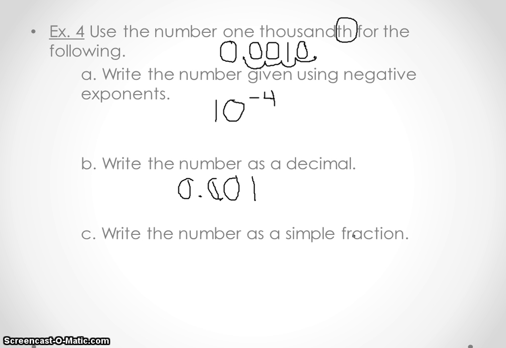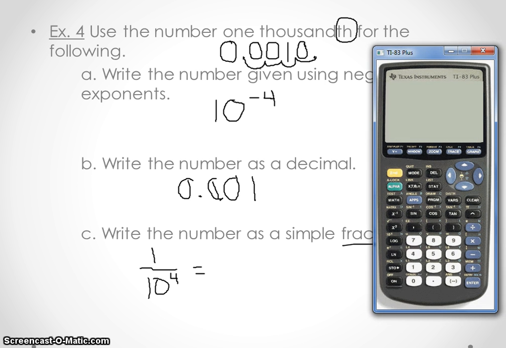Last thing, we need to write the number as a simple fraction. Now I'm going to go back to part A, where we had 10 to the negative 4th power here, because it's going to be easiest here. Now we're allowed to use fractions, so what I'm going to do is make this a positive exponent by putting it downstairs. So we end up with 1 over 10 to the 4th power. Now to be a simple fraction, you're not allowed to have any powers in you, so you actually have to figure out what 10 to the 4th power is.